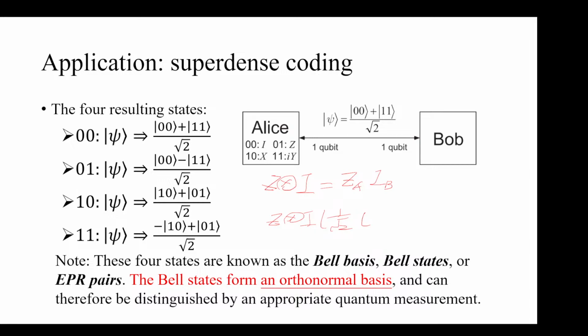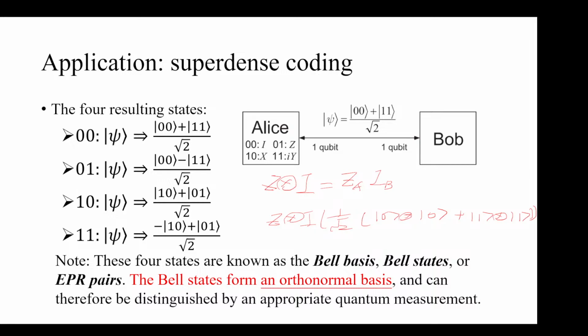Once again, we know 0,0 is 0 tensor 0, plus 1 tensor 1. So we have Z tensor I applied to 1 over square root 2 times (0 tensor 0 plus 1 tensor 1). And now we can use linearity. We know this matrix multiplication is linear.